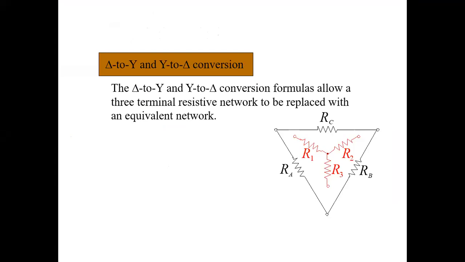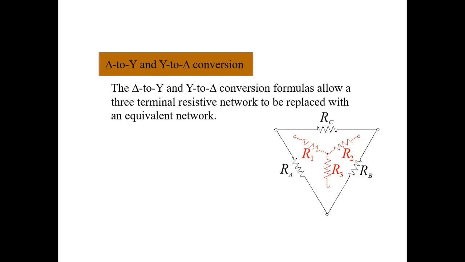So the next point is star to delta and delta to star conversion. Always remember, in the delta the resistances are given as Ra, Rb, Rc, and in the star formation the resistances are given as R1, R2, R3.